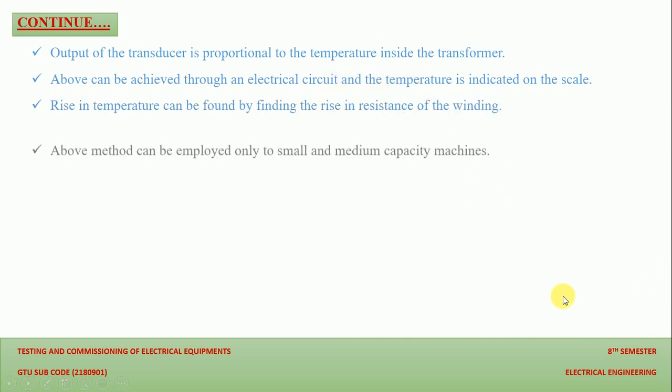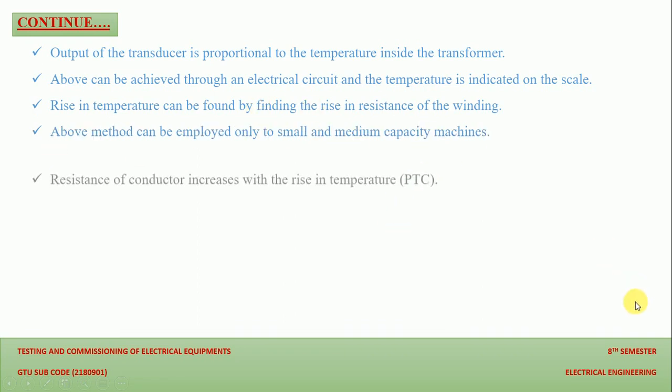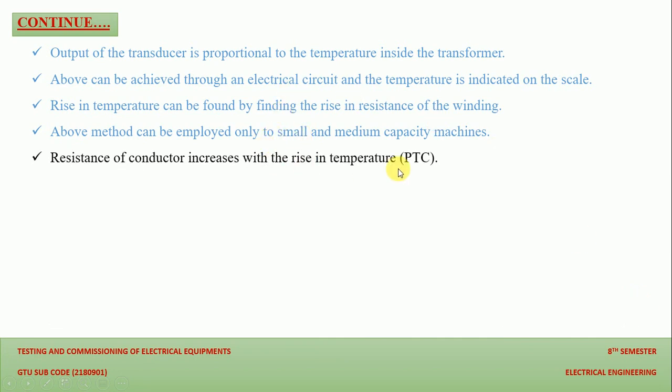As the temperature of the winding increases, the resistance of the winding will also increase. This method can be employed only for small and medium capacity machines. The resistance of the conductor increases with the rise in temperature. It is called PTC, positive temperature coefficient, which we have discussed earlier.